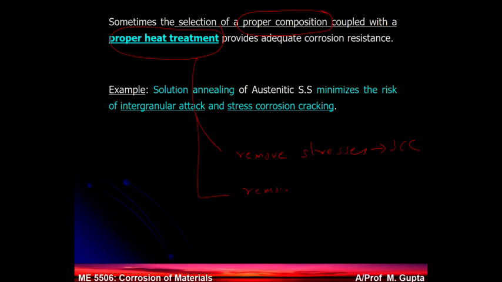You can remove second phases or minimize them, and in that way you can reduce the galvanic corrosion and also the exfoliation corrosion, and so on and so forth. So composition and the heat treatment can also be used to minimize many different types of corrosion.